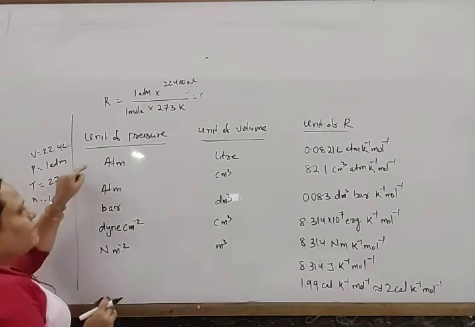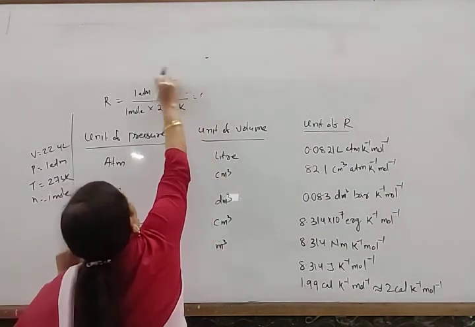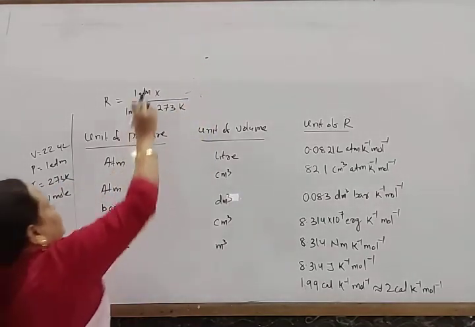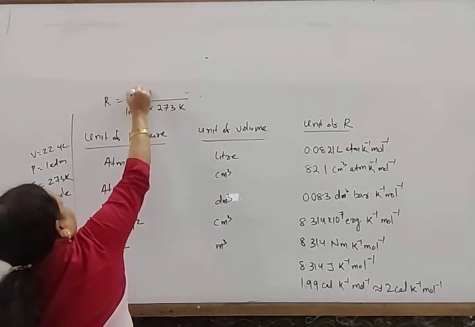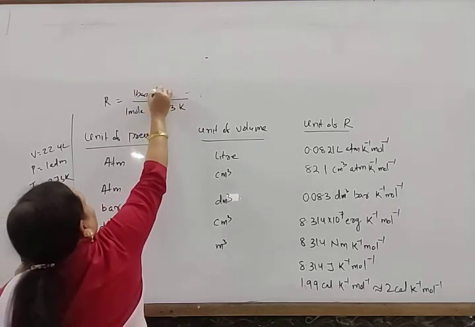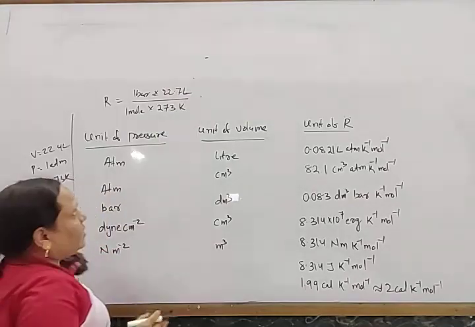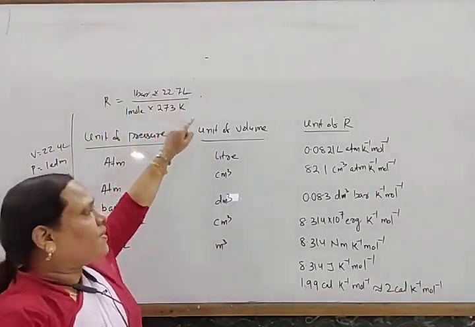Similarly, if volume is taken in dm cube, 1 dm cube equal to 1 liter, and the pressure instead of atmosphere is taken in bar, then 1 bar has a different volume, 22.7 liter actually. In 1 bar, the volume of 1 mole of gas is 22.7 liter.